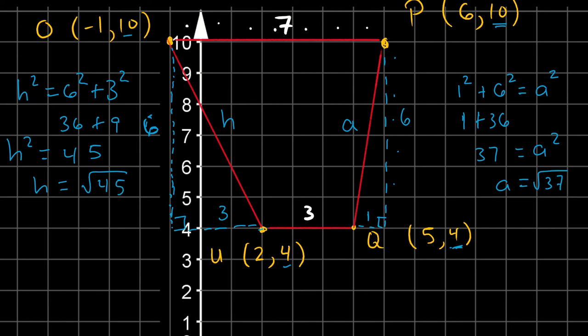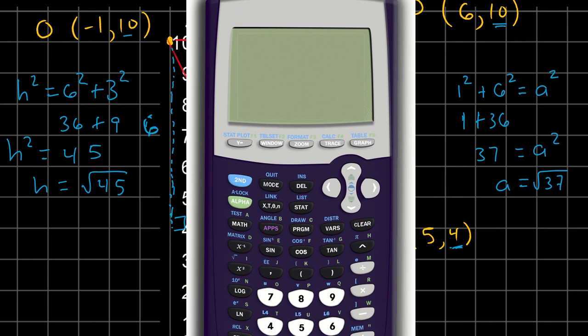So if I want to calculate my perimeter, I just need to do a bit of addition here. So let me grab a calculator, and I'll figure out the square root of 37, and let me also calculate the square root of 45, and let me add those. So this is the square root of 45 plus the square root of 37.